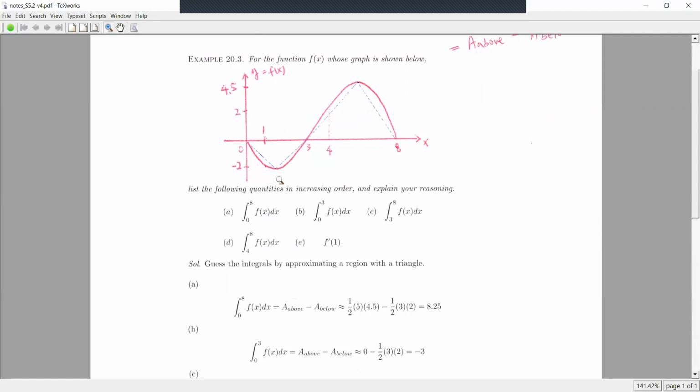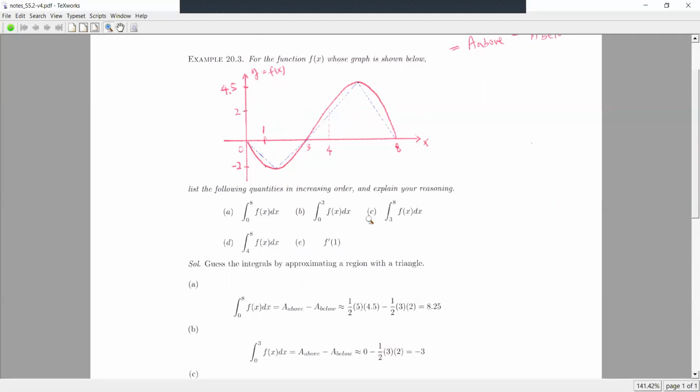A below is this area. I use this triangle to approximate it. So again, A below is roughly this number. So 0 minus this number is -3. So roughly, this integral is -3.